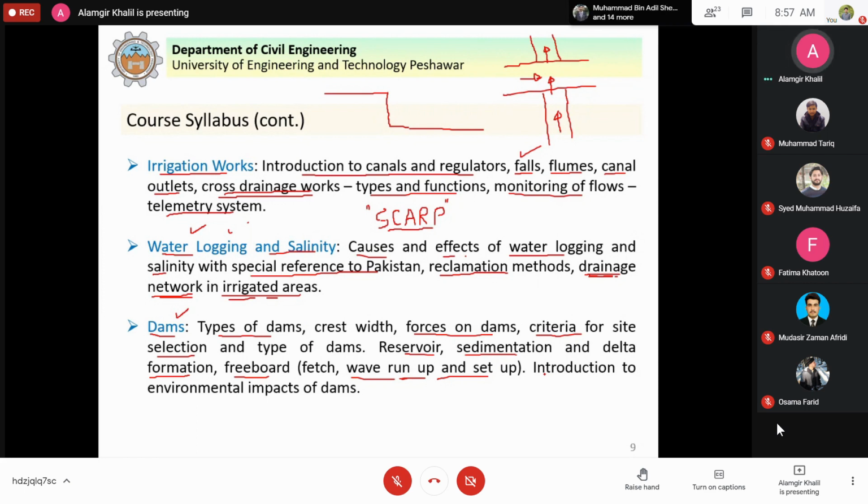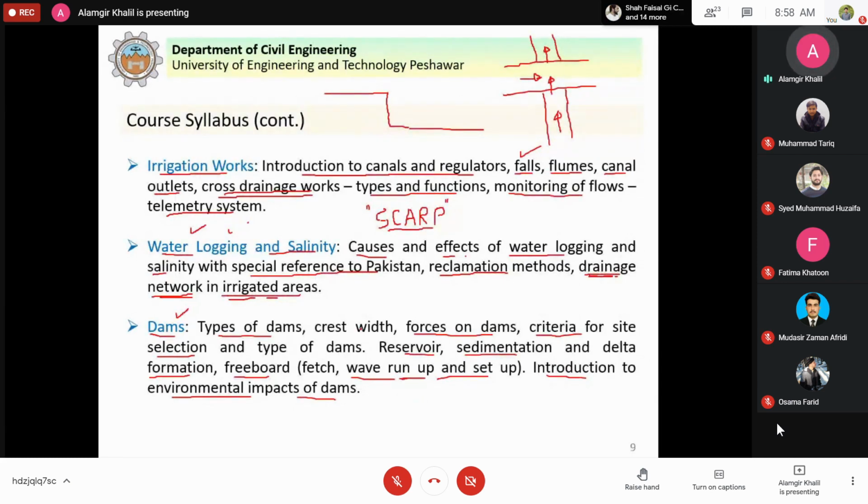When water stays in an area for some time, it can result in the spread of diseases. So we will study an introduction to the environmental impacts of dams.